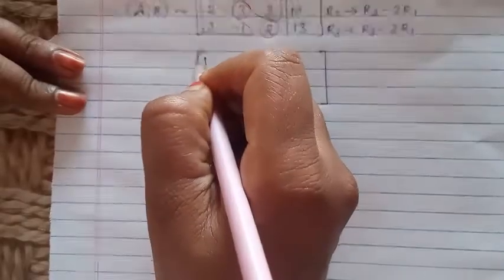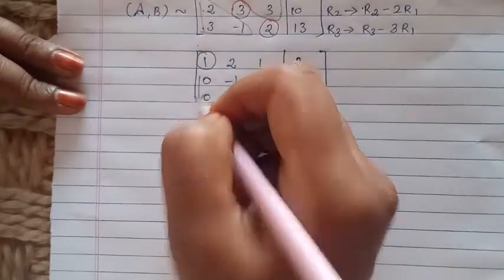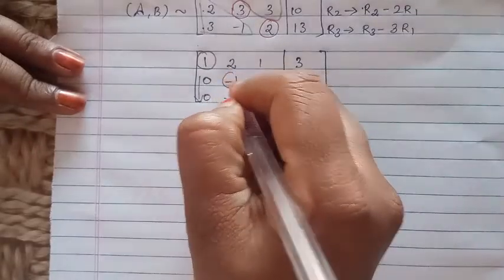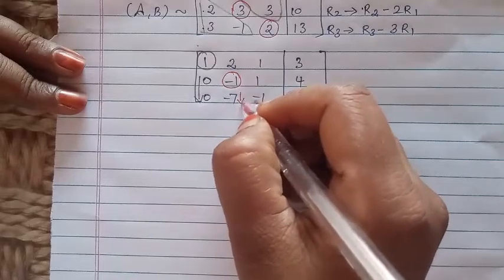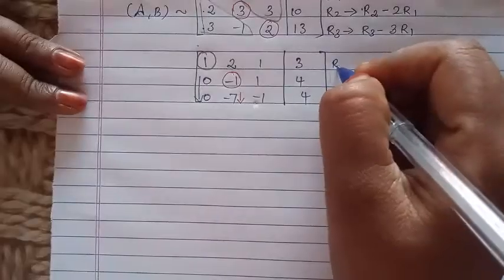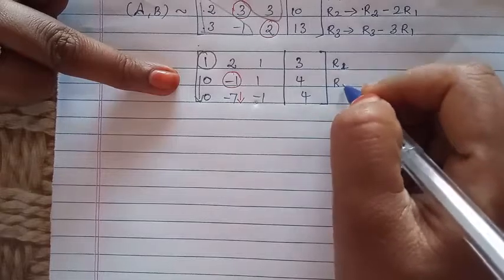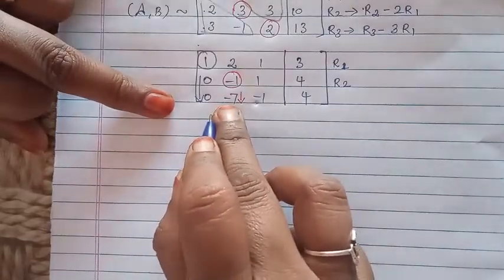The first diagonal element is taken and the elements below it have been reduced to 0. Next target is the next diagonal element, which is minus 1, and we have to reduce the element below this diagonal to 0. Now there is no change in row 1, and no change in row 2 also. So you only have to reduce this row 3 element.